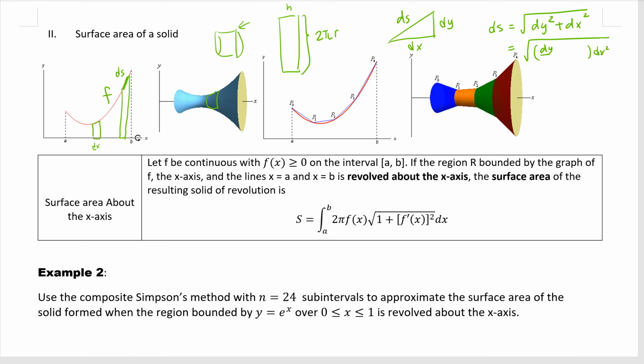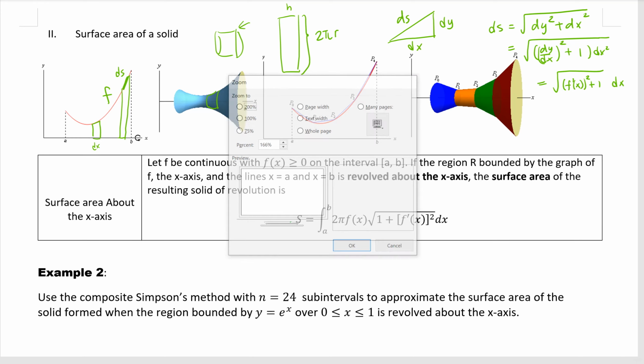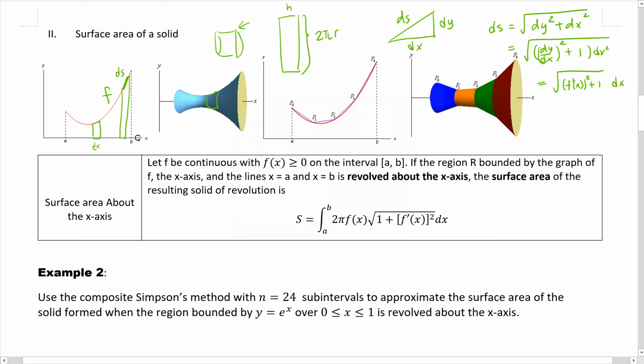Then we have (dy/dx) squared plus 1, and we pull the dx squared outside of the square root. This guy is actually f prime of x squared plus 1, inside the square root, and then we have the dx outside. So h in this case is like ds.